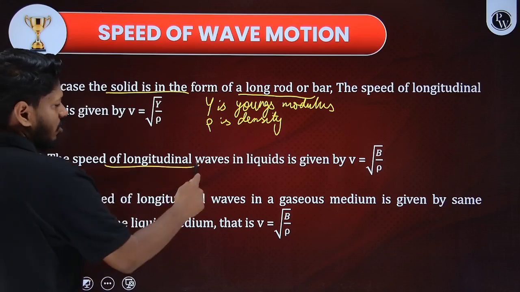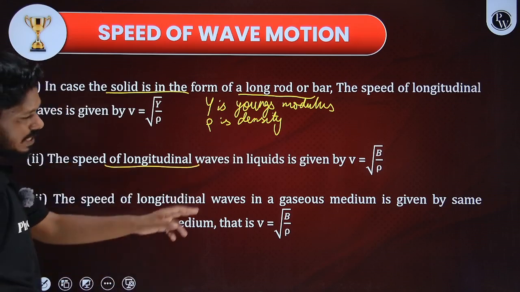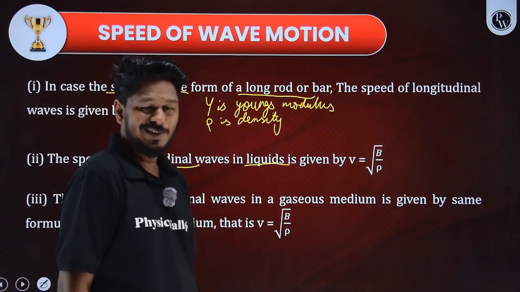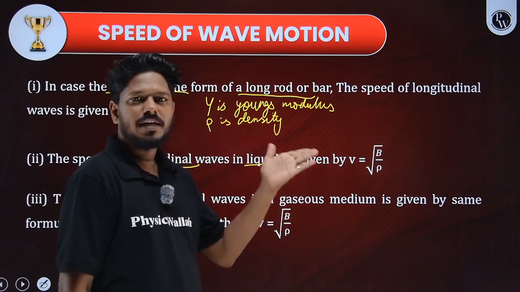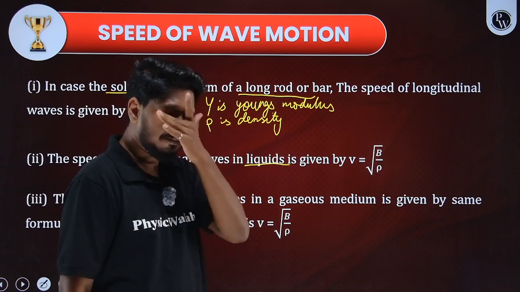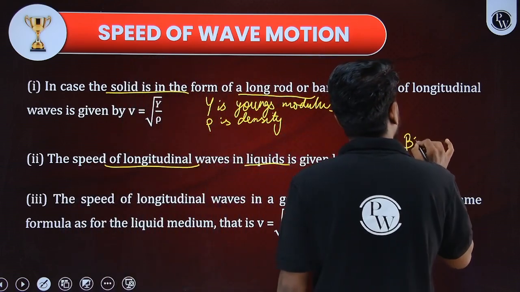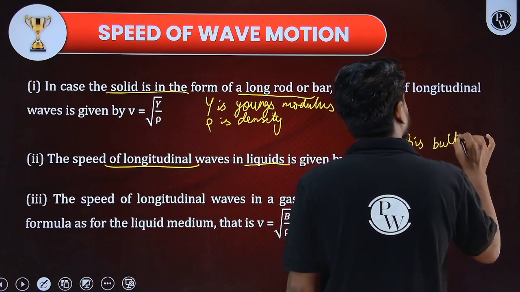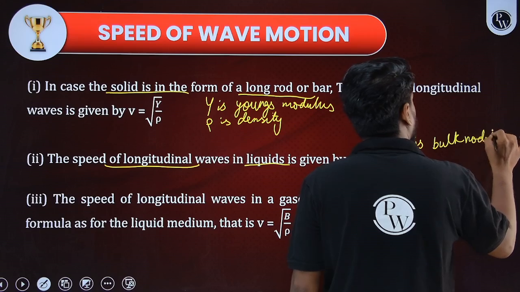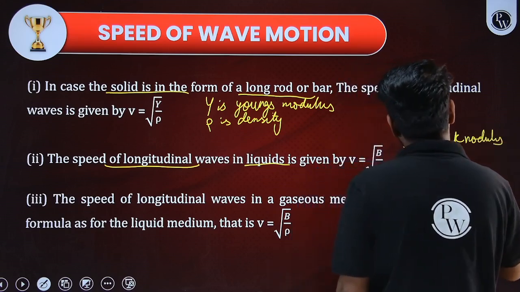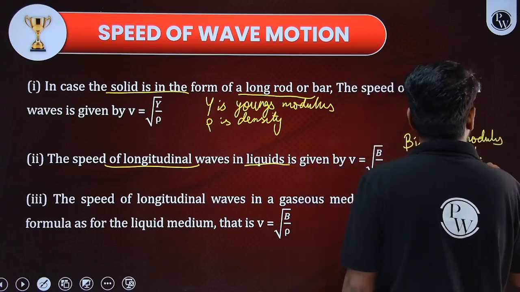If I talk about the speed of a longitudinal wave in a liquid, a liquid cannot have rigidity modulus or Young's modulus. So this will have bulk modulus. Therefore, B is bulk modulus and rho is density. So basically all the formulas are simple.